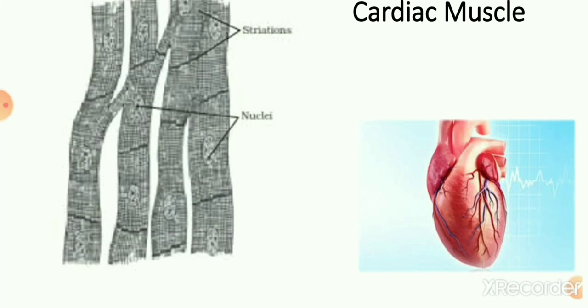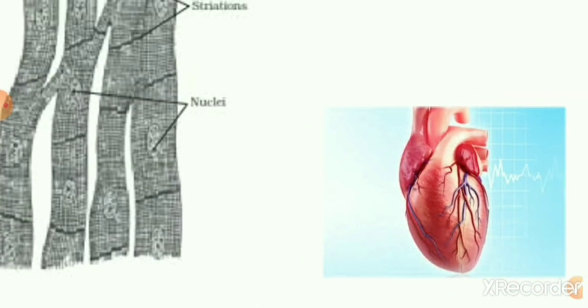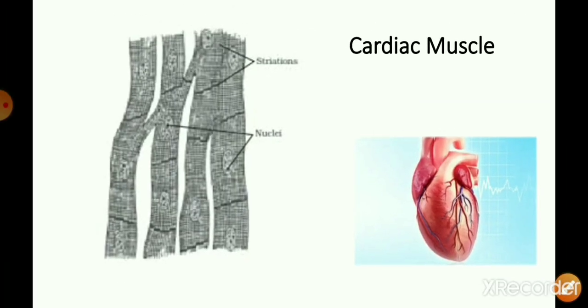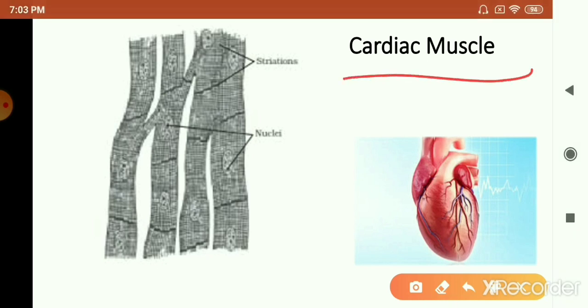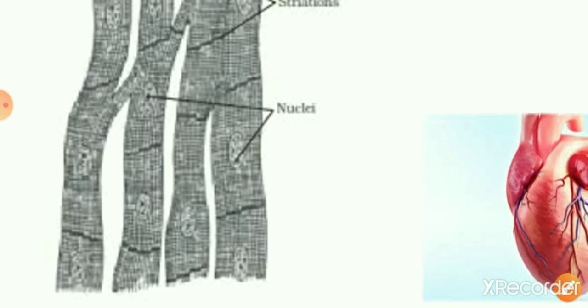The third kind of muscle is only found in the heart. These muscles, which are found exclusively in the wall of the heart and nowhere else, are called the cardiac muscle. When you see the structure of the cardiac muscle, you find that the cells are cylindrical.